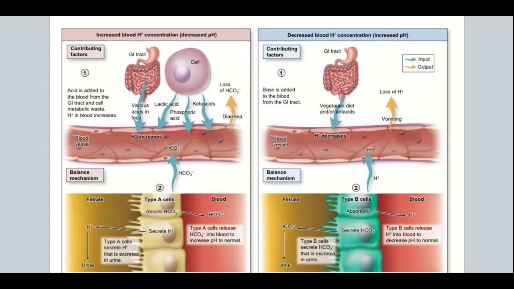So kidneys regulate fixed acids by eliminating hydrogen ion and reabsorbing more bicarbonate if the conditions are too acidic, or doing the opposite. If the conditions are too alkaline, then you would be reabsorbing hydrogen and eliminating bicarbonate. Some things that cause hydrogen to increase would be our diet.